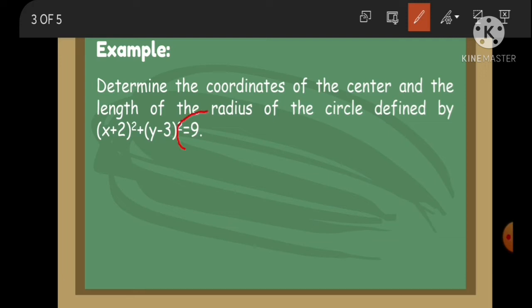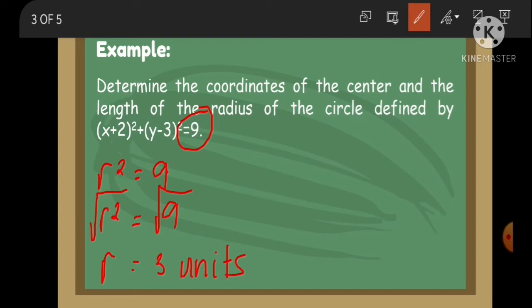So, 9 here is our r squared. So, r squared is equal to 9. Then, we are going to get the square root of 9. So, the square root of 9 is 3 units. By the way, we are going to use only the positive square root because we are talking about length.